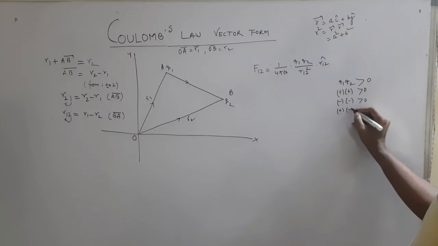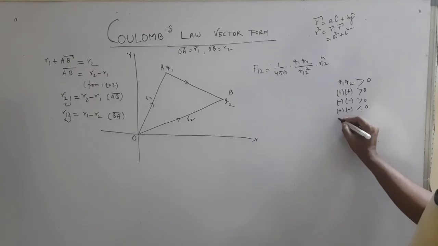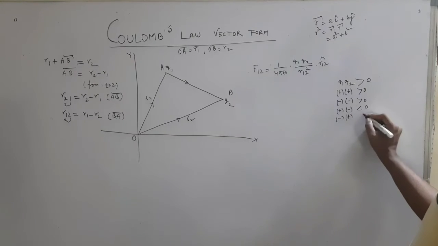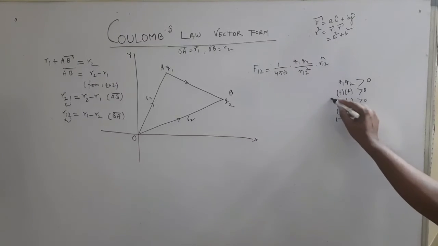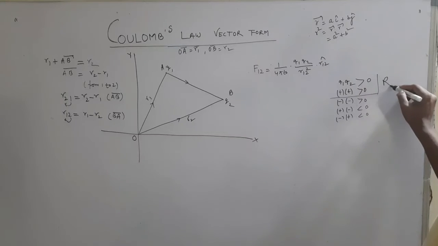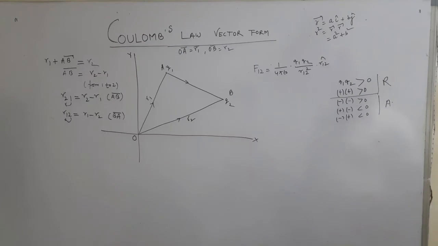But positive and negative will be less than 0, and negative and positive will also be less than 0. It means this is repulsion and this is attraction.